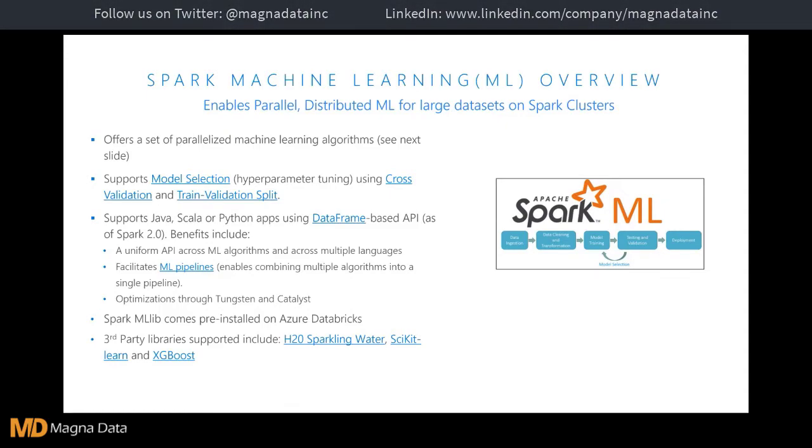So it doesn't matter where your data came from, all your queries will reference the data frame, so you're coding against a like type. And one of the advantages is that data frame supports unstructured data. It'll pretend that it's structured data even though it's unstructured. So it has a uniform API across ML algorithms and across multiple languages.